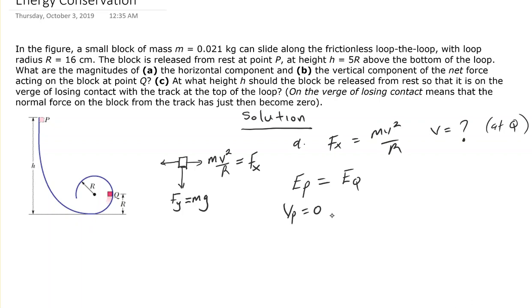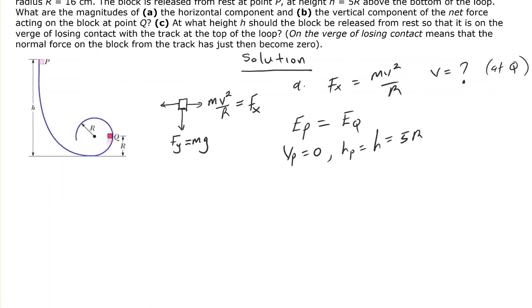And the height at point P, I'll leave it as h. H was given as 5r, but I'm going to solve it generically with h as the height.